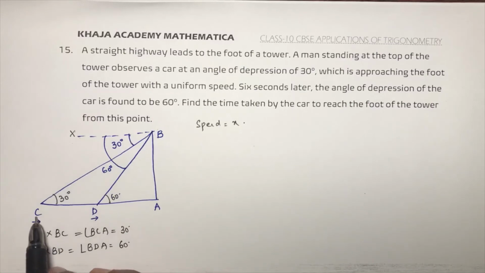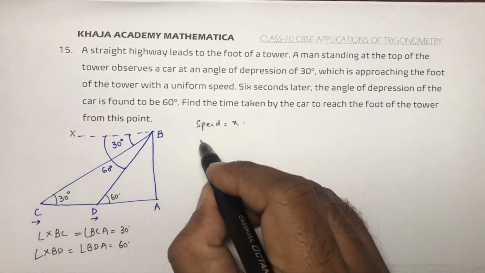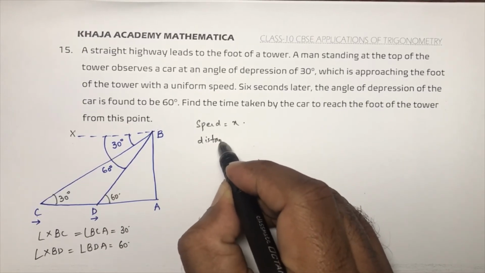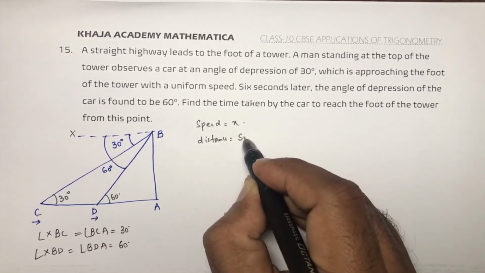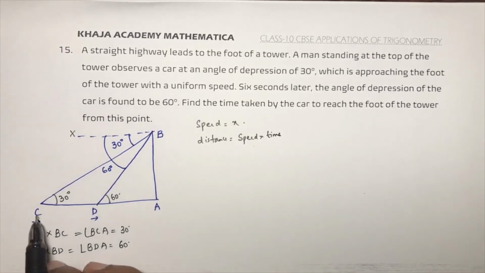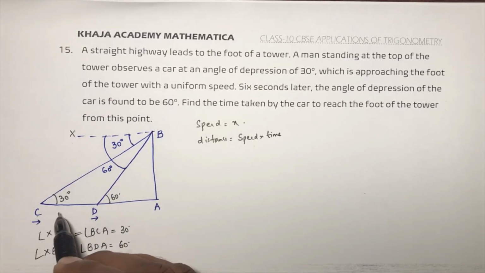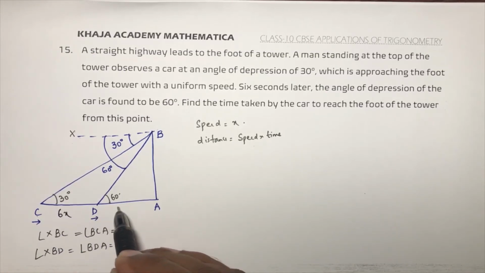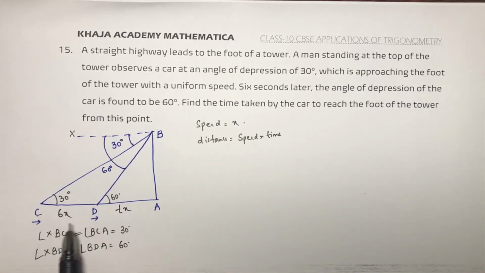Because for CD I cannot write just 6, I need to write distance. So distance equals speed into time. Here time is 6 seconds, speed is x, so I'll write 6x. Here I don't know the time, so I'll write tx. So CD is 6x because it took 6 seconds to reach from C to D.